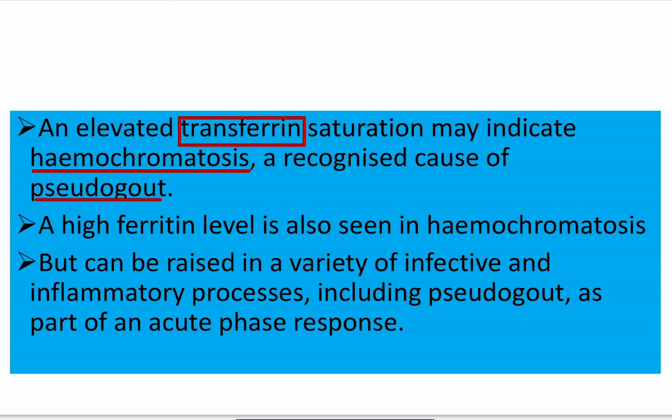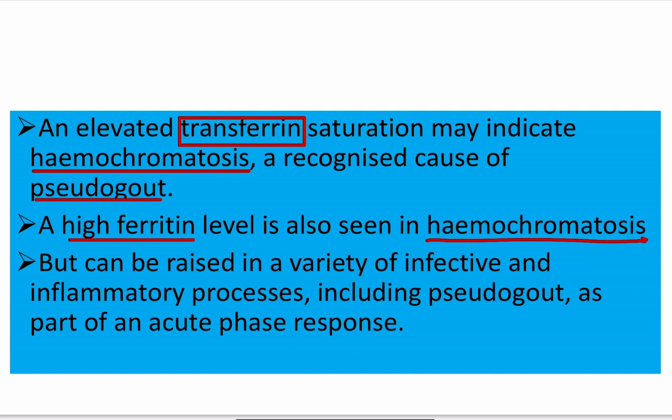High ferritin is also present in hemochromatosis, but it can rise in a variety of inflammatory processes and infections, including pseudogout, as part of the acute phase response. Viral and bacterial infections can increase the ferritin level, such as during the coronavirus period, when ferritin was measured extensively.